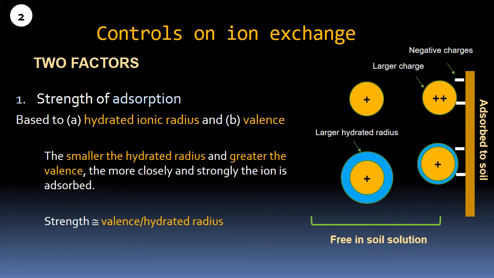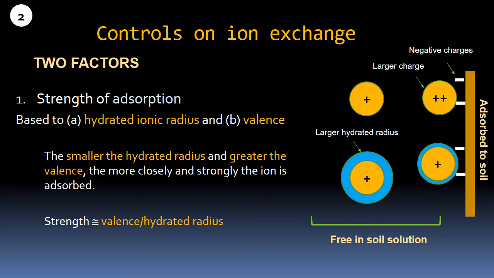The first factor is the strength of adsorption, and the strength of adsorption is controlled by the valence of the cation and by the hydrated radius of that cation. We know that the soil has negative charges, and these negative charges must be occupied by positive ones.